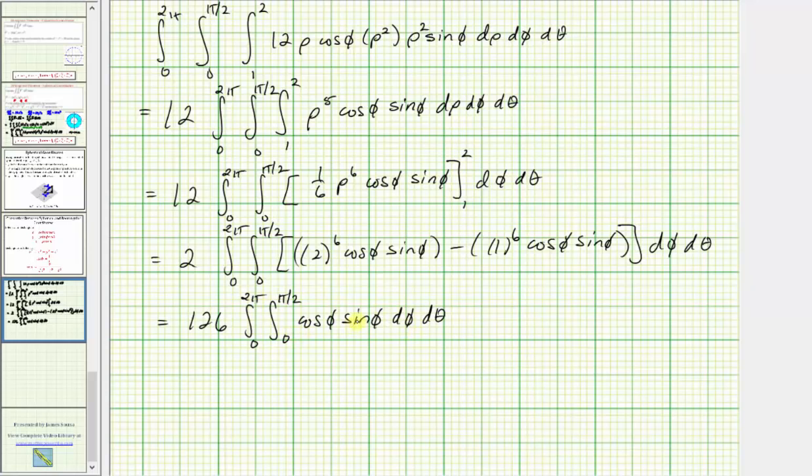Integrating with respect to phi, we'll perform u substitution, where we let u be equal to sine phi, and therefore differential u equals cosine phi d phi. So all of this we can think of as just u du. So in terms of u, the antiderivative would be 1/2 u squared, which means in terms of phi we'd have 1/2 sine squared phi.